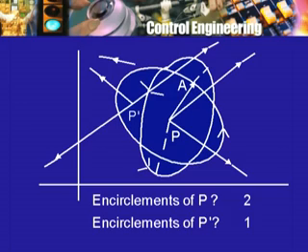Now, is this point P dash also inside the curve or is it outside the curve? Someone may say it is still inside the curve, but if you find out the number of encirclements of the point P dash by this curve, then your answer will be 1 and not 3 or 2 or 0. Now, I will ask you to go through this yourself.